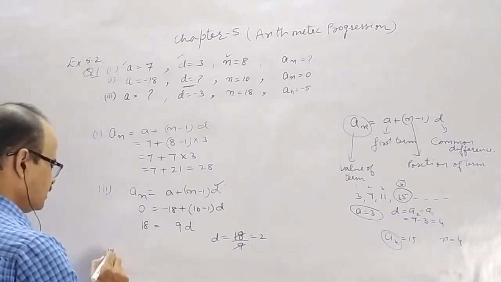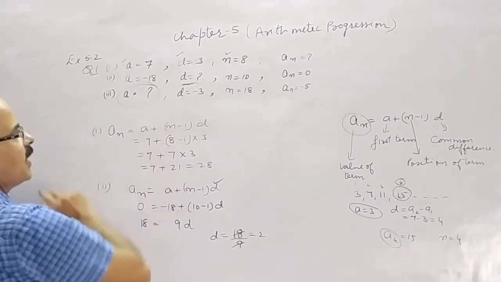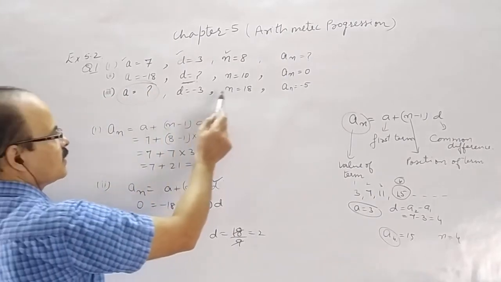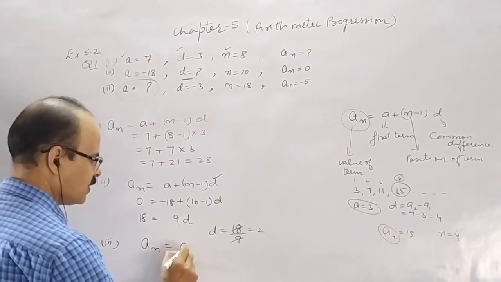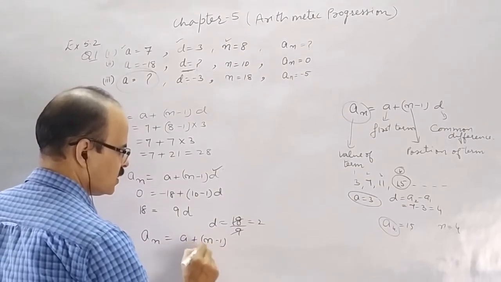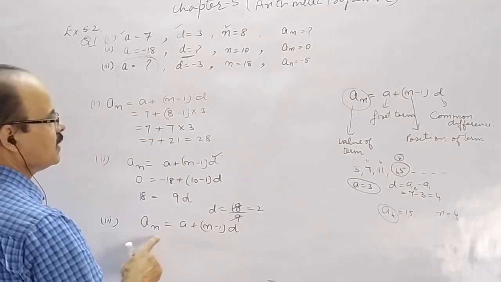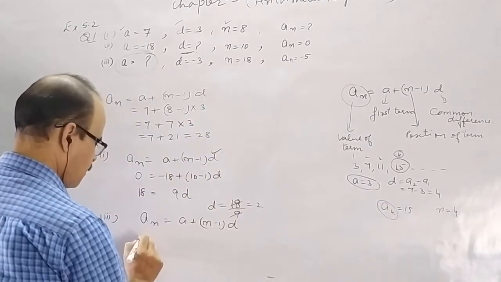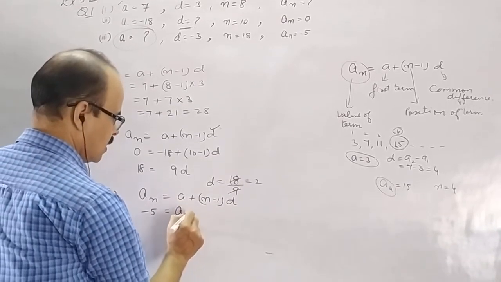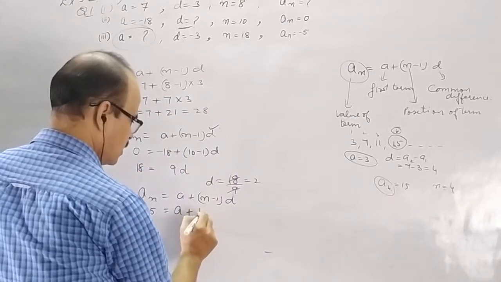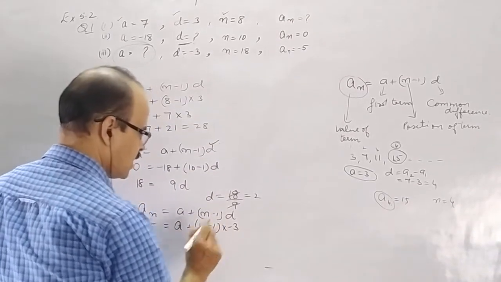Third part. Here you have to calculate the first term A. All other things are given here. Apply the same formula, An equals A plus (N minus 1) into D. An is given minus 5, N is given 18, minus 1, and D is given minus 3.